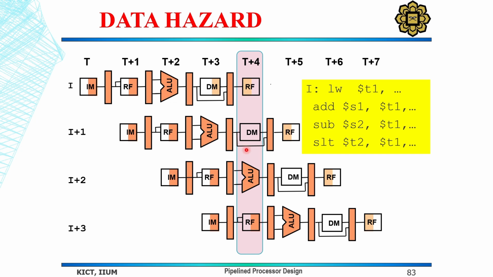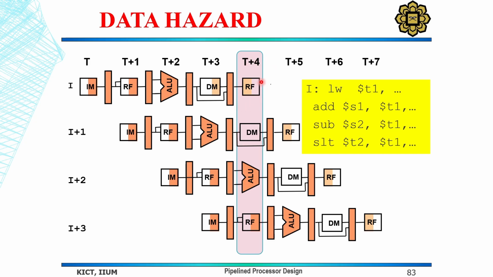For the add instruction, its source value depends on $T1 from the first instruction, which is a load word. But notice the value of $T1 from the load instruction will only be available at the end of the T plus 4 cycle here.